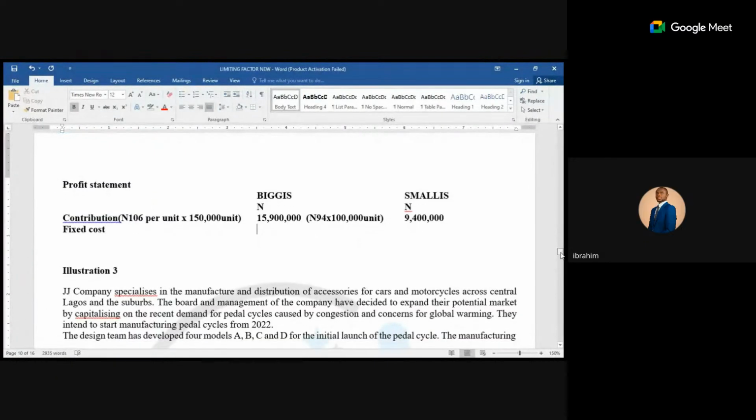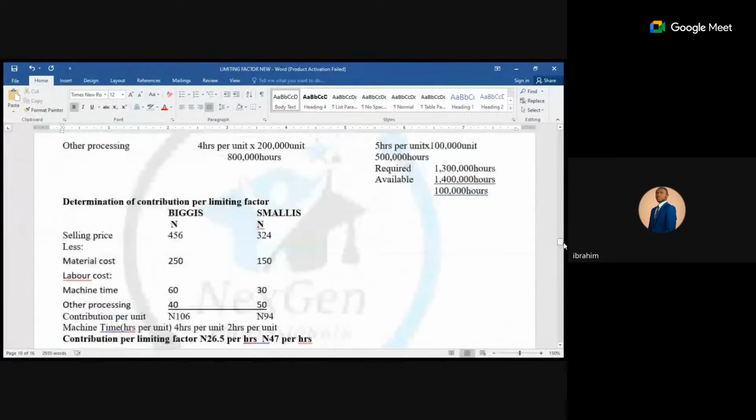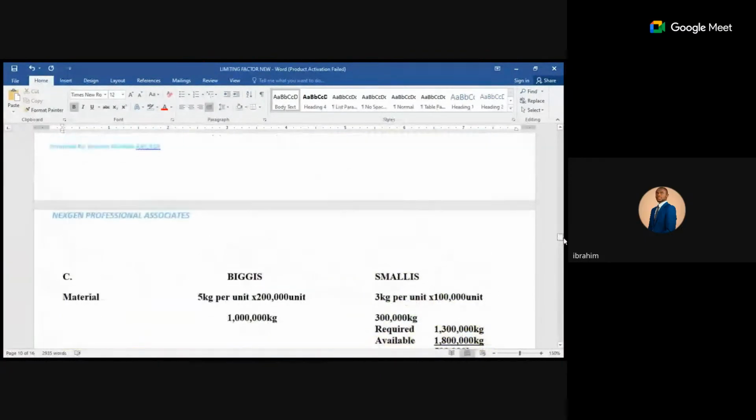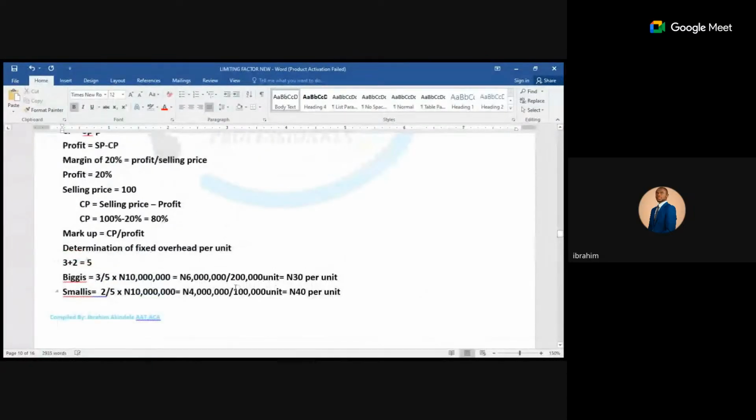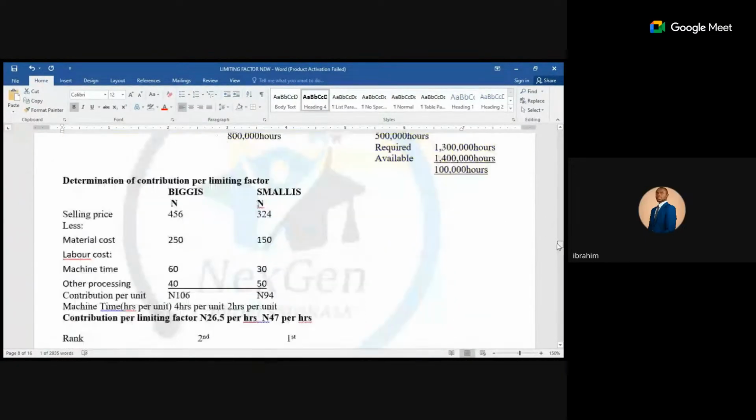So what is the fixed cost, the costs that we calculate? What is our fixed cost? The fixed cost is 6 million. Is that not so? Because we need to pick the total. 6 million and 4 million.